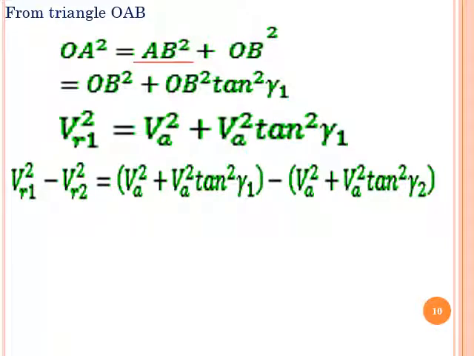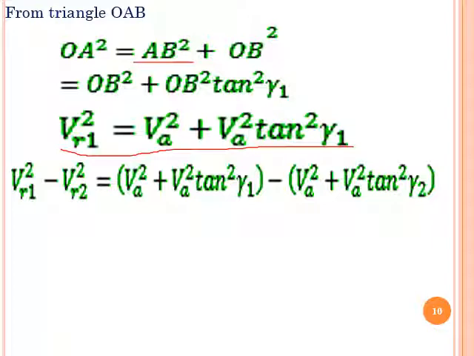So now VR1 square minus VR2 square. This is one expression for VR1 square: VR1 square is equal to V of A square plus V of A square tan square gamma 1. In a similar manner, VR2 square is given by the expression V of A square plus V of A square tan square gamma 2.